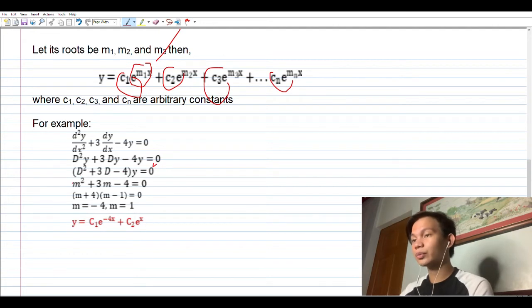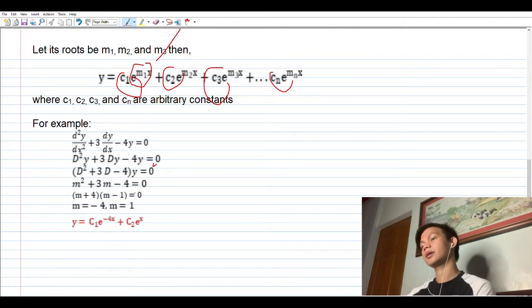Substitute m into the equation, we get m squared plus 3m minus 4 is equal to 0. Since the equation is in quadratic form, we can easily factor it as m plus 4 times m minus 1 is equal to 0. Therefore, the roots of the equation are m is equal to negative 4 and positive 1.